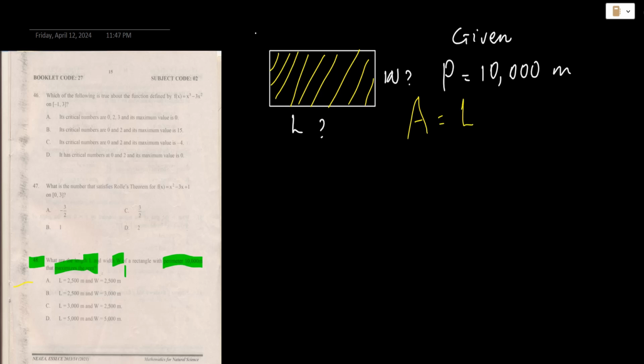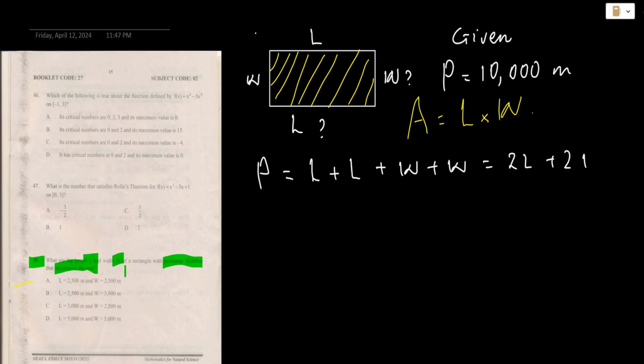So we know that area is length times width, and it is given that the perimeter is 10,000 meters. Perimeter equals the length plus this length, which are equal, plus the width plus again the width. So this will be 2 times the length plus 2 times the width. It is given that this is 10,000 meters, so 10,000 equals 2L plus 2W.